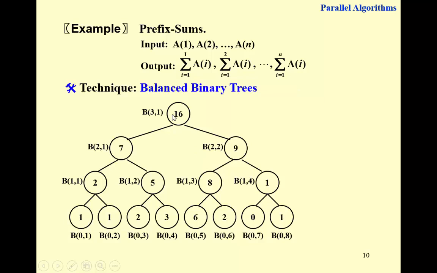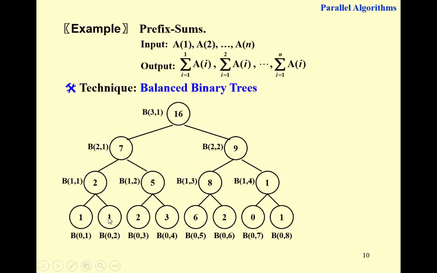Obviously, the root corresponds to the last sum, which is just the total sum, right? Next, is this 7 another one? Yeah, why not? That corresponds to the sum of the first 4 numbers, right? And next, is this 2 another one? That's the sum of the first 2 numbers, right?